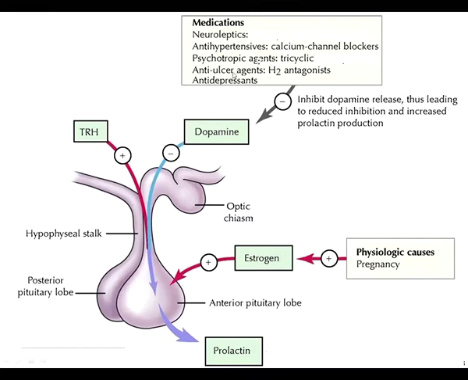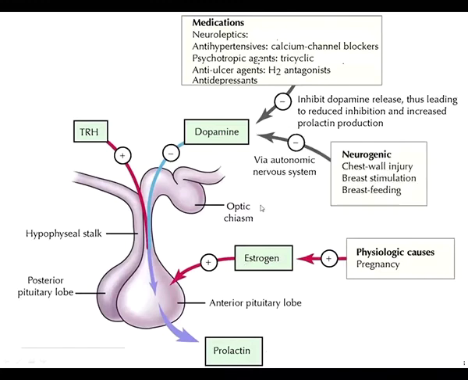And as well, antidepressants will decrease the amount of dopamine in our system. This will lead to an increase in prolactin. Another negative regulator of dopamine is a neurogenic effect, like chest wall injury or breast stimulation or breastfeeding. This via the autonomic nervous system will decrease the release of dopamine and hence increase the secretion of prolactin.